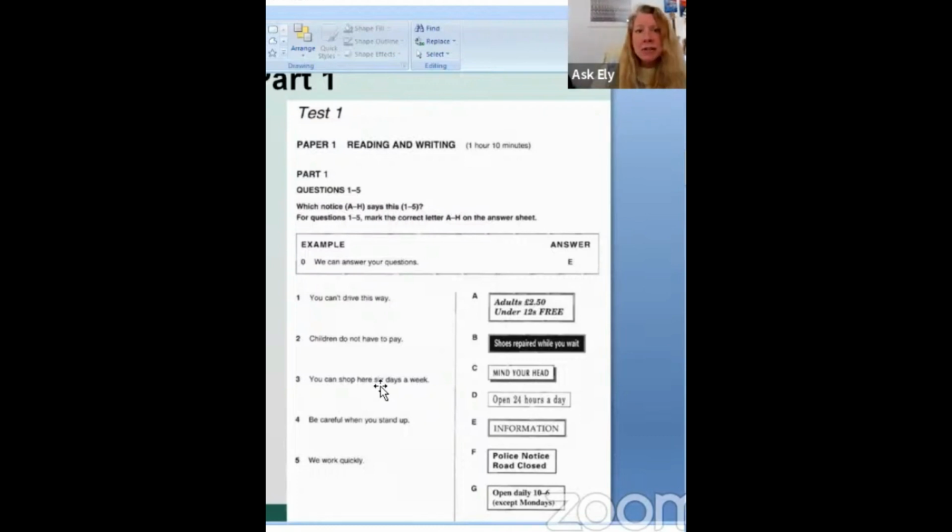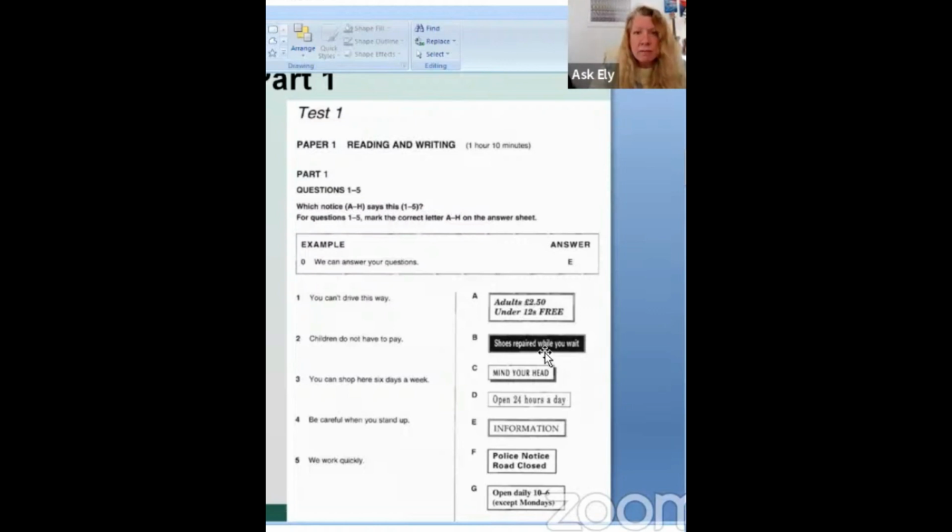How many days are in a week? 7. That's right, 7 days. But you can only shop here 6 days. All right, so A is taken, F is taken. We don't need A or F. We're talking about shoes being repaired? What's another word for repaired?